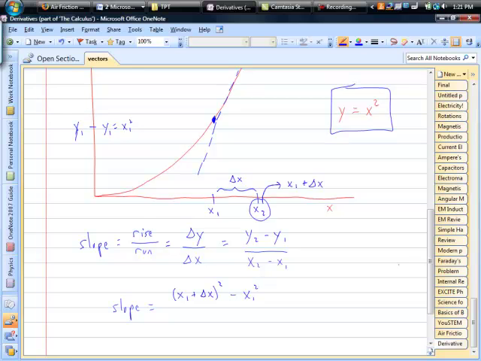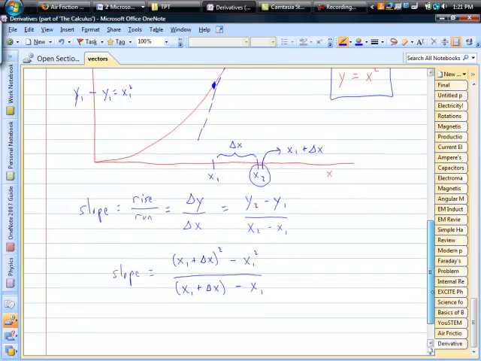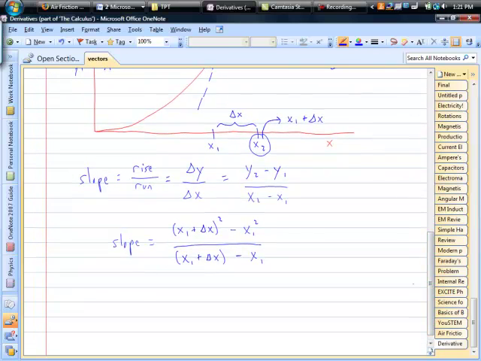So we're subtracting that. I'm just plugging into our slope equation. And now in our denominator we have x2 minus x1. Well, x2 we can write as x1 plus delta x, and we subtract from that x1. Okay. This is just the normal slope equation. In fact, over here I'm just going to put down normal, the normal slope.